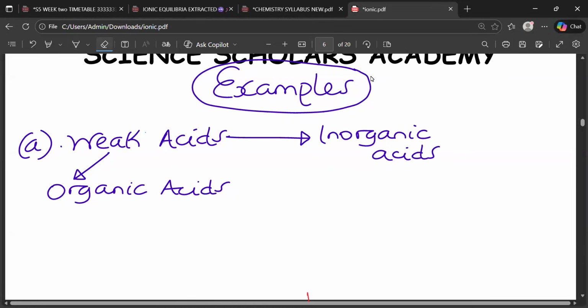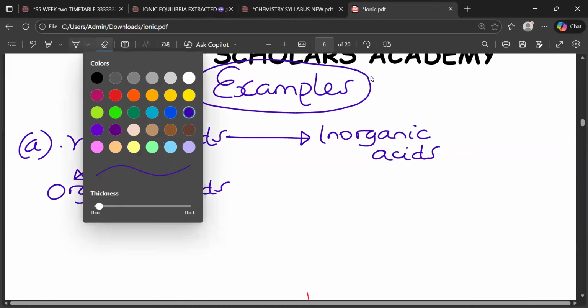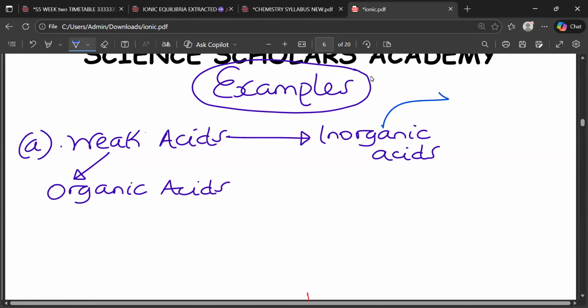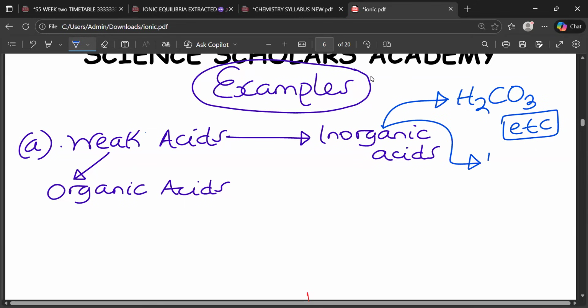The compound is either organic or inorganic. So the inorganic ones, they have mentioned for us carbonic acid, etc. But I can also add for you some other acids, the sulfonic, or what you people call sulfurous acid, and others.